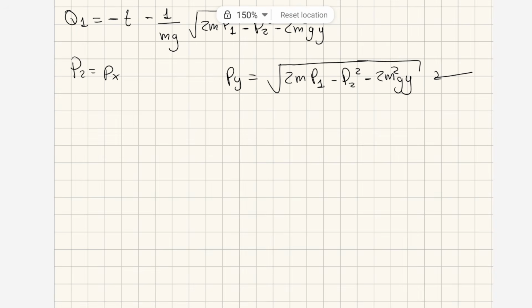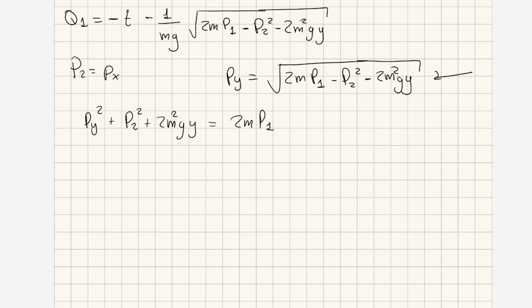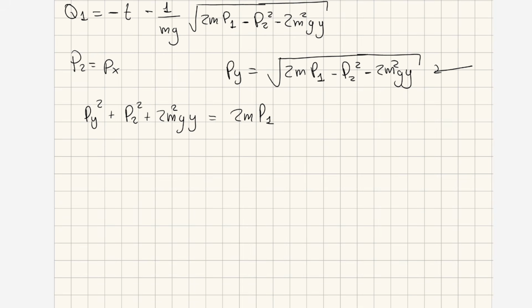So, what are we going to do? Well, let me establish this as py squared plus p2 squared plus 2m squared gy equals 2m p1. And remember that this p2 is equal to px, so we get px squared. This is little p, remember.